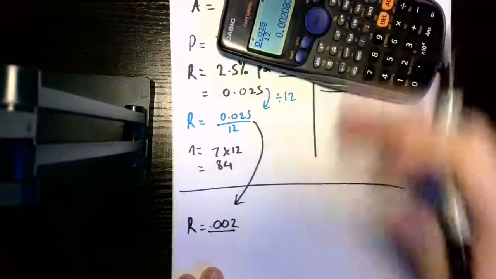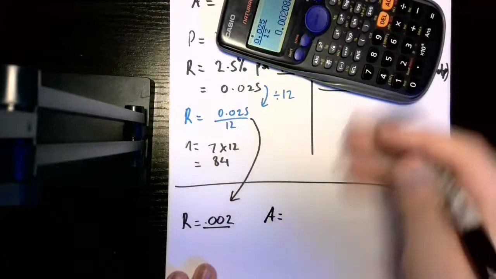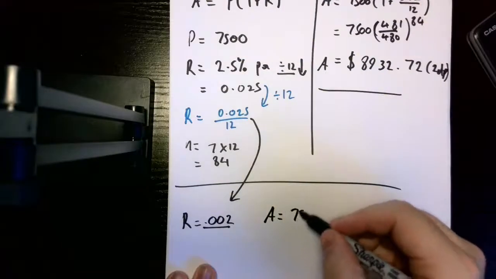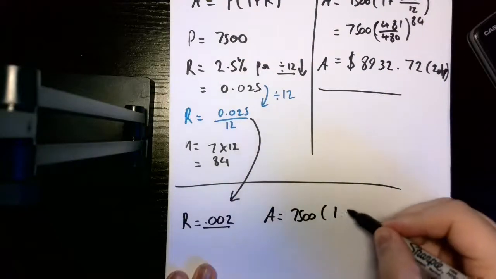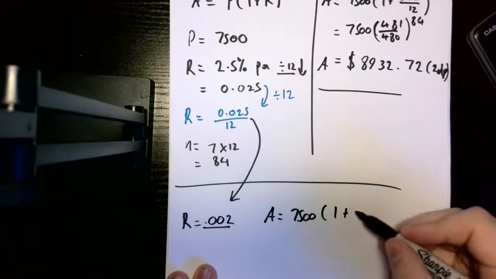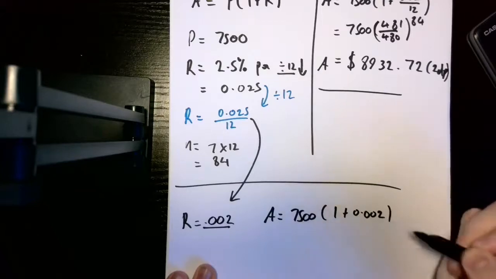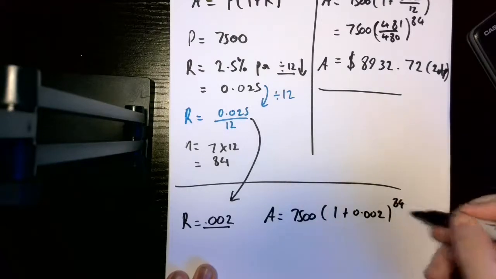So same thing, everything else is the same. So A is equal to our principal, 7,500, plus our rounded interest rate, 0.002, all to the power of 84.